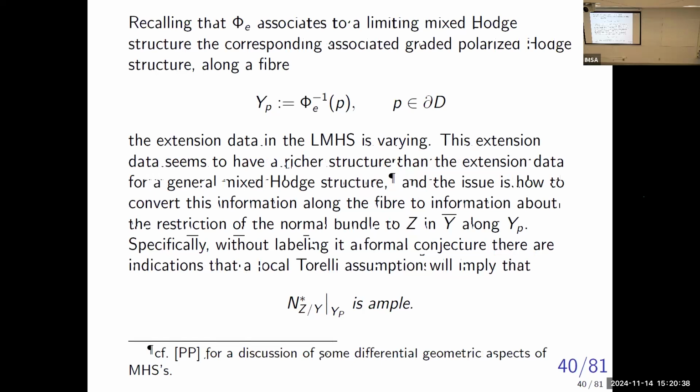And then you have the extension data between Hodge structures where the weights jump by 2. So think of the projective line with a bunch of points. The mixed Hodge structures are in degrees 0 and 2, and the extension data then is going from something of weight 0 to weight 2. So it jumps by 2, stops there. There's no higher extension data in a limiting mixed Hodge structure.